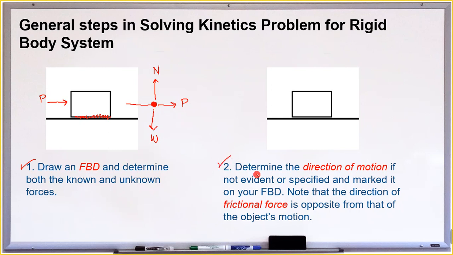Now the second step: after having the FBD, you should determine the direction of motion, if not evident or specified, and mark it on your FBD. There are some problems where the direction of motion is given, but there are some where it is not obvious.